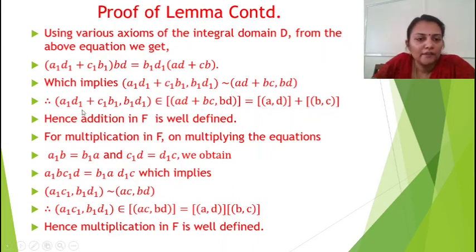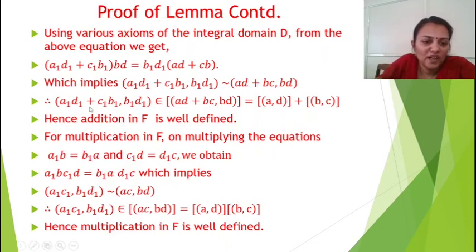Therefore (a1d1 + c1b1, b1d1) is an element of [ad + bc, bd], which is equal to [a,b] + [c,d], the addition formula that we have defined. Hence addition in F is well defined.